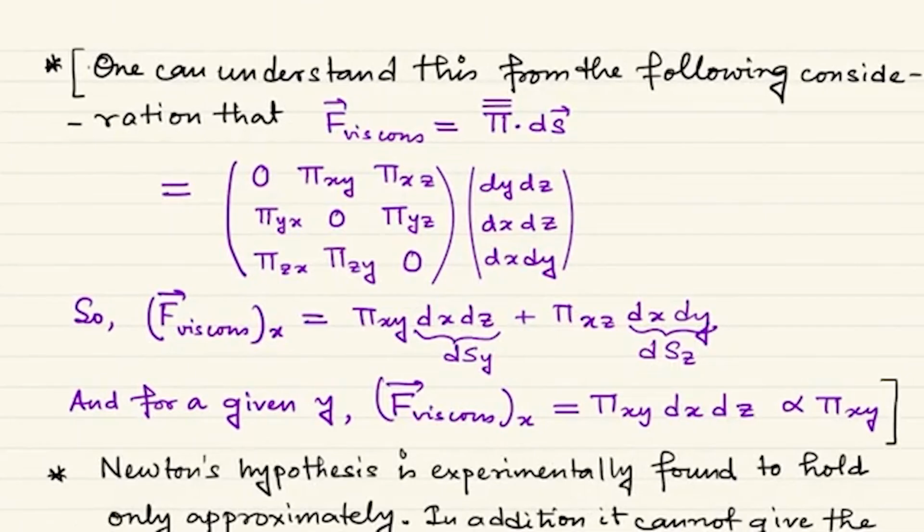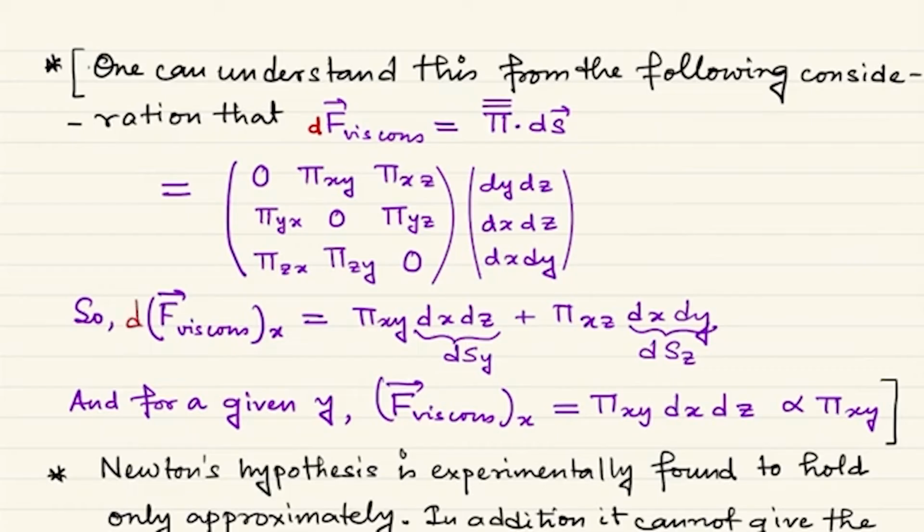which is also very easy to understand, because if we now write the viscous force, which is nothing but a surface type of force, then that should be given by pi dotted with some surface elements. And once again there should be some d.